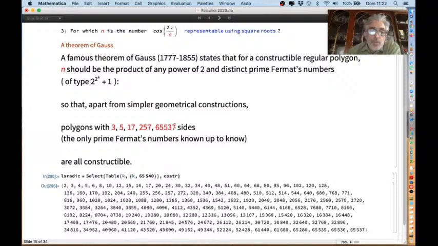So apart from products, polygons are constructible for prime Fermat numbers 3, 5, 17, 257, 65,537, and in fact this is it for prime Fermat numbers, because these are the only prime Fermat numbers known up to now.